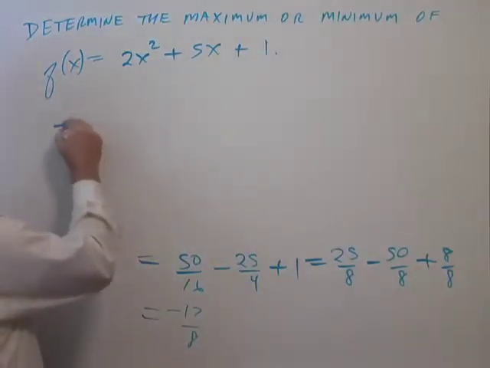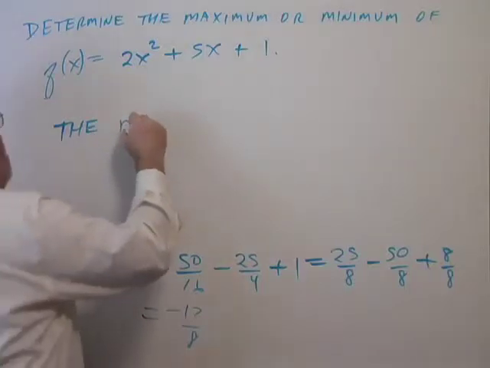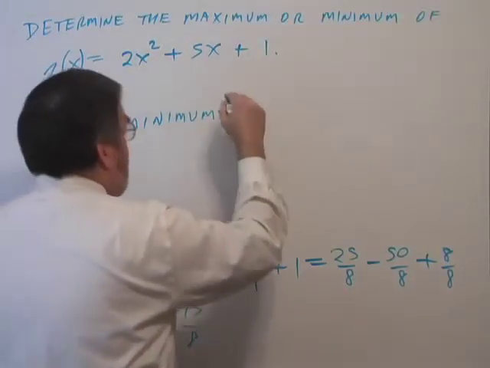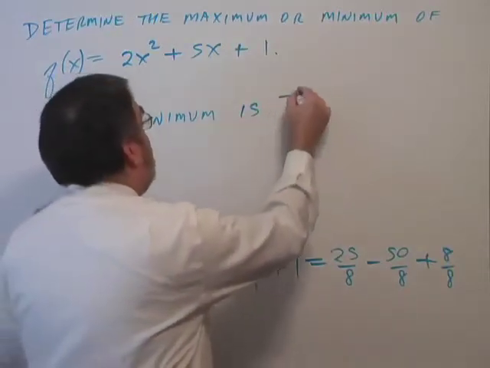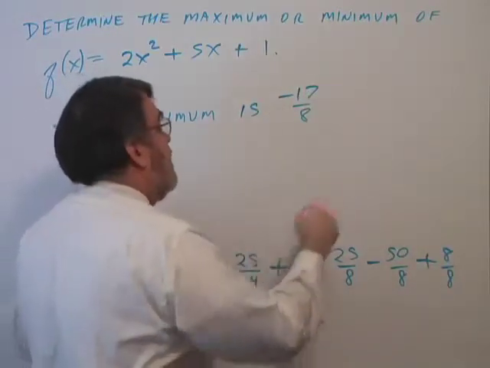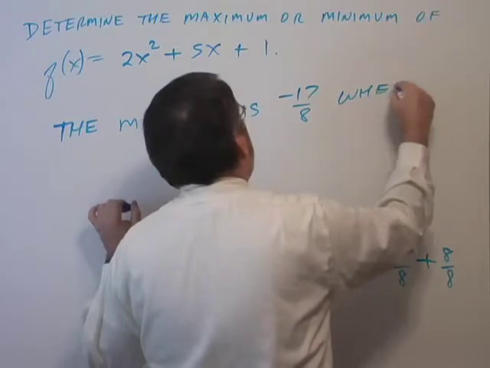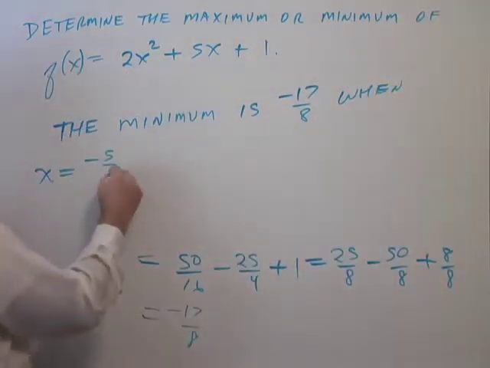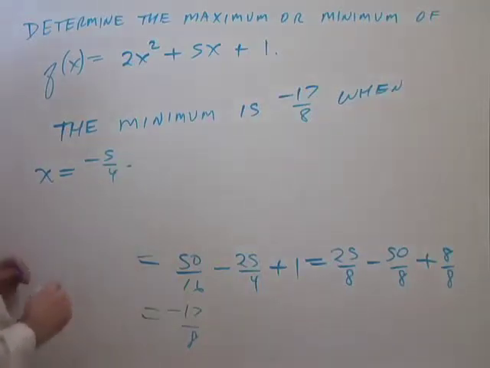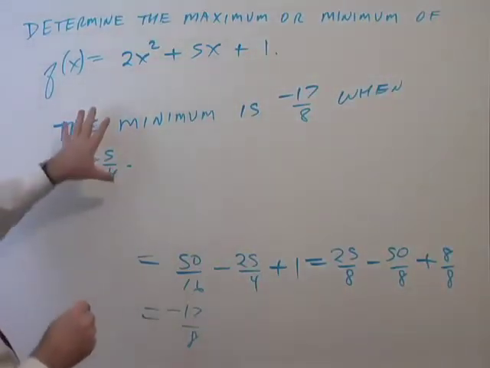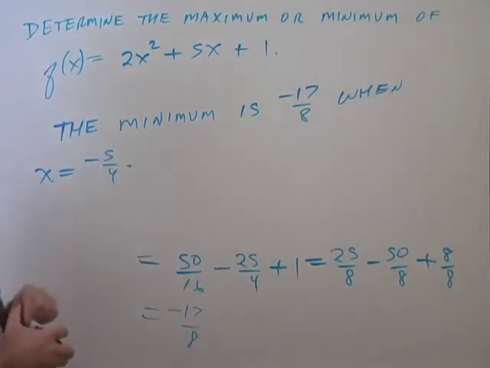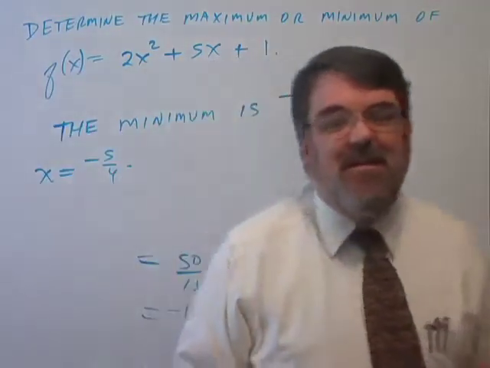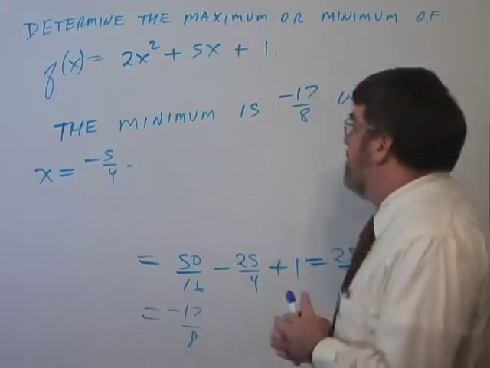All right, so the minimum is negative 17/8 when x equals minus 5/4. Period. All right. So to me, this is a pretty full answer. We stated the minimum, even told where to find it. So basically, I wrote where the vertex is.